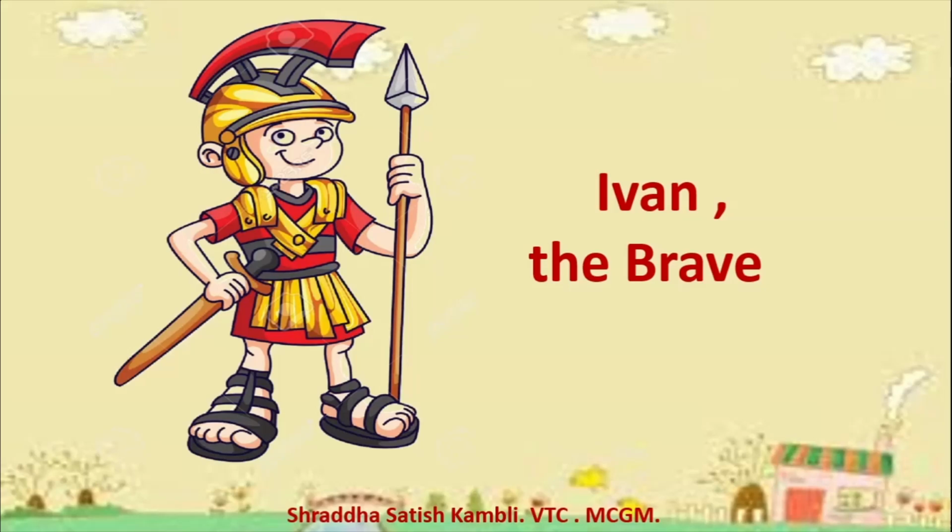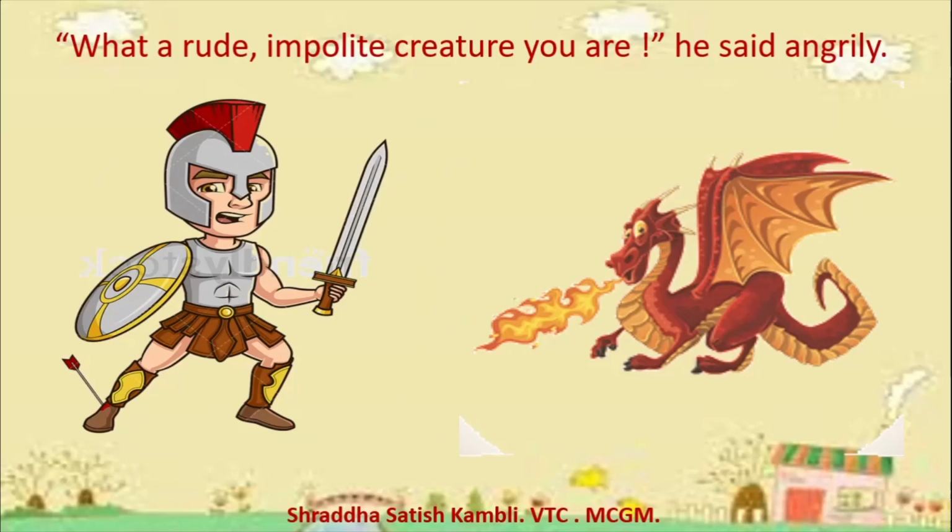He said to the dragon, "What a rude, impolite creature you are," he said angrily. So, see, he did not get scared of the dragon. Instead, he scolded the dragon. He said, "What a rude and impolite creature you are. How dare you enter the king's party, and that also without any invitation?"